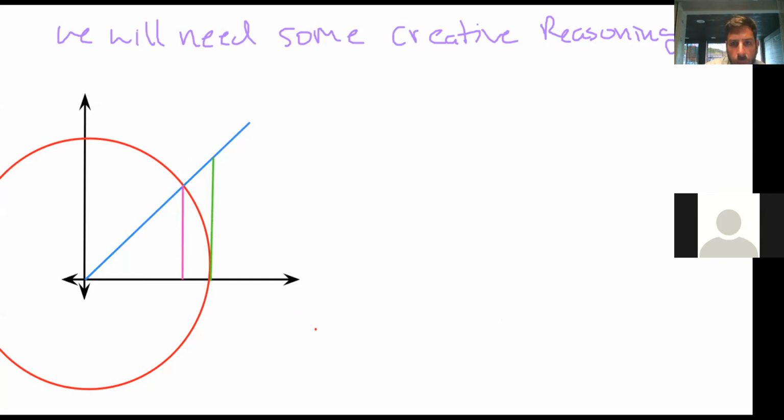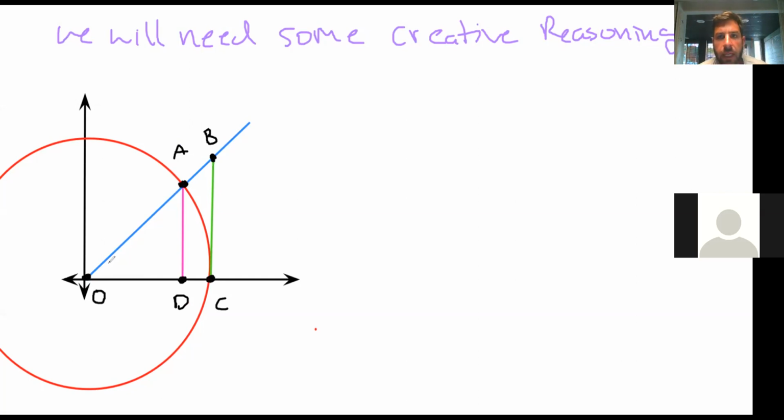I'm going to label some points. Let's call this point A, this point B, this point C, and this point D. And of course, let's call this O for origin.